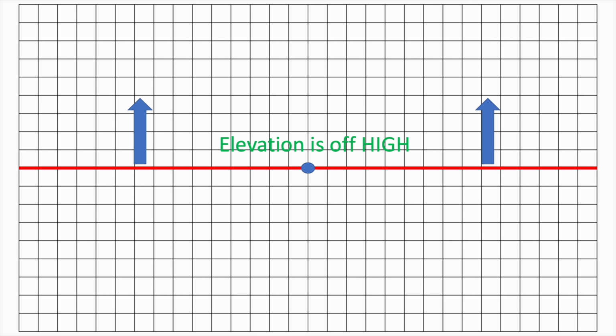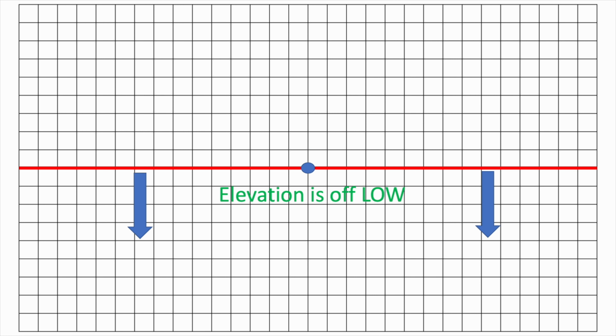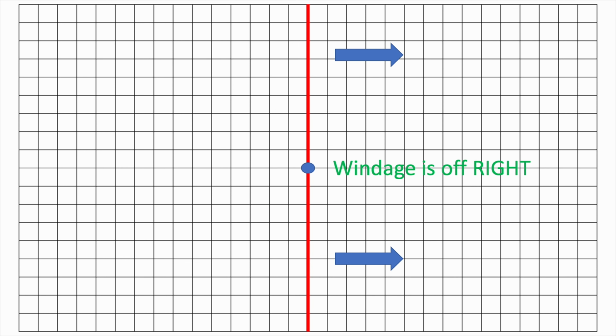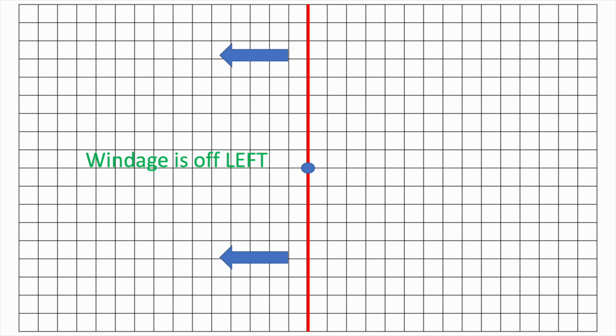Any shots above the horizontal line would be considered off high from an elevation standpoint, and any shots below the horizontal line would be considered off low from an elevation standpoint. In a similar way, any shots to the right of the vertical line would be off right from a windage standpoint, and any shots to the left of the vertical line would be off left from a windage standpoint as well.